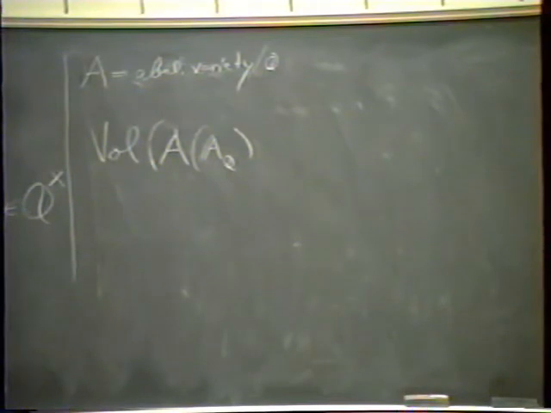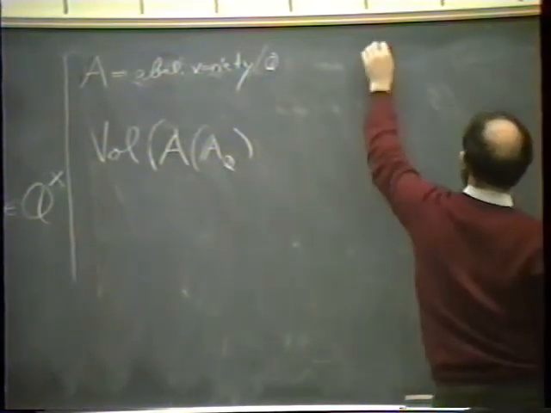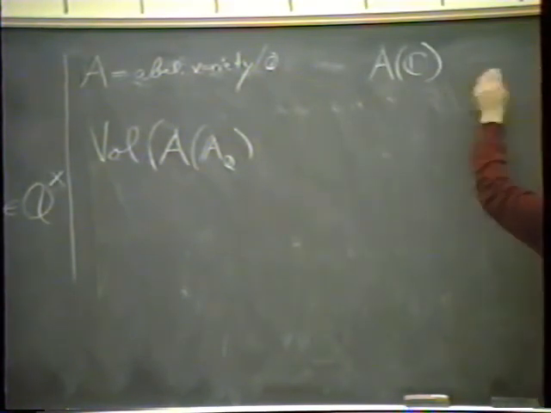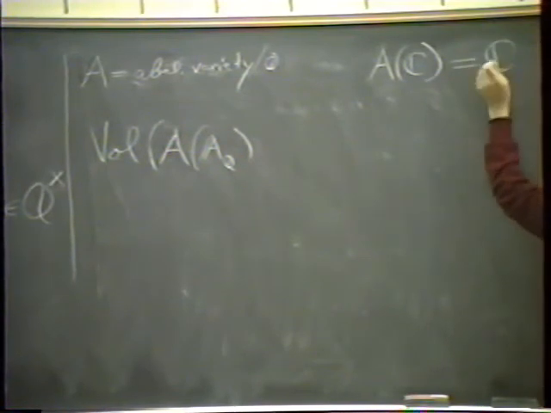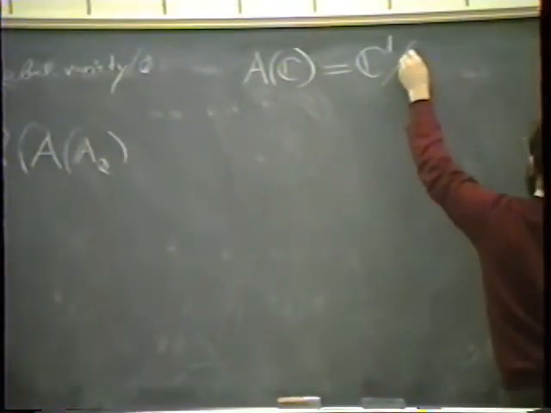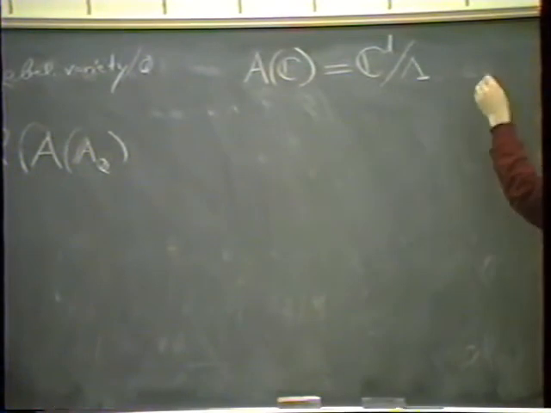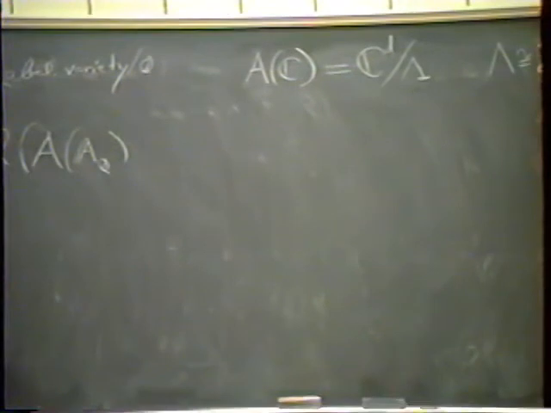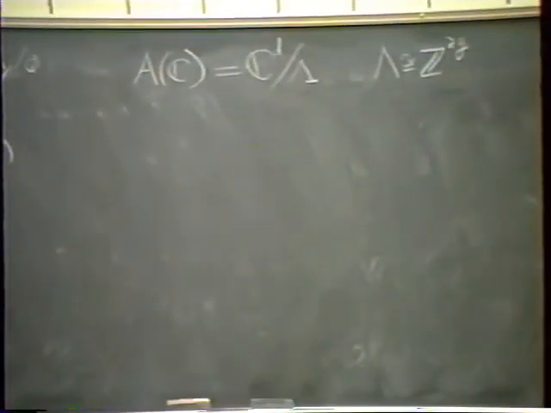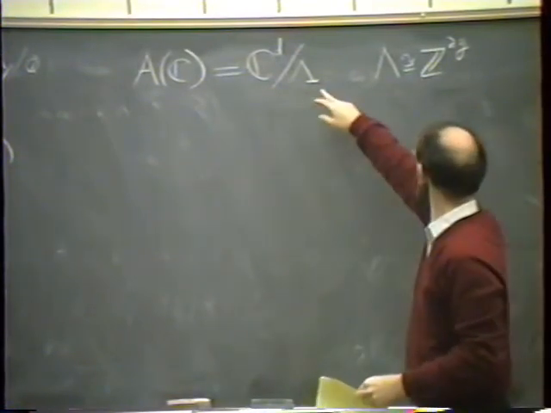Well, the complex points of A as an analytic space are of the form C to the D, where D is still the dimension of A, modulo some lattice, call it lambda, where lambda is isomorphic to Z to the 2D. So as a complex analytic space, it's a quotient.